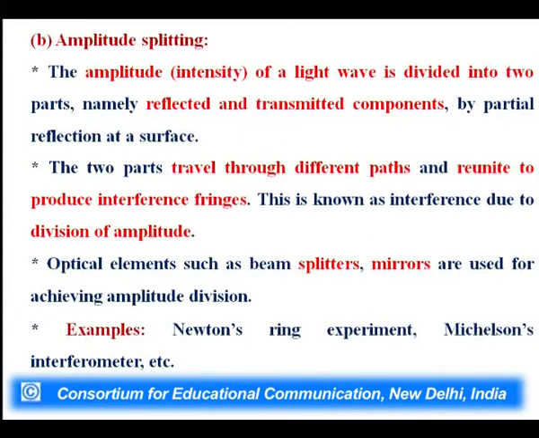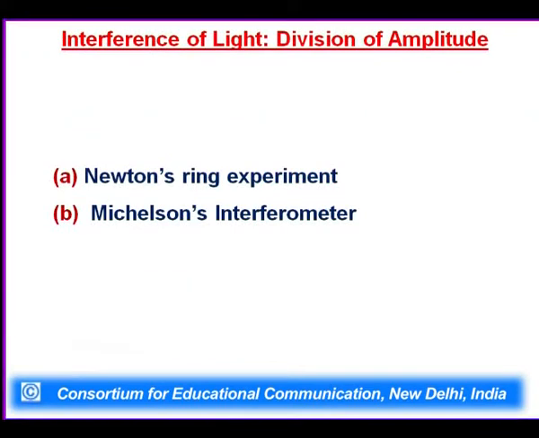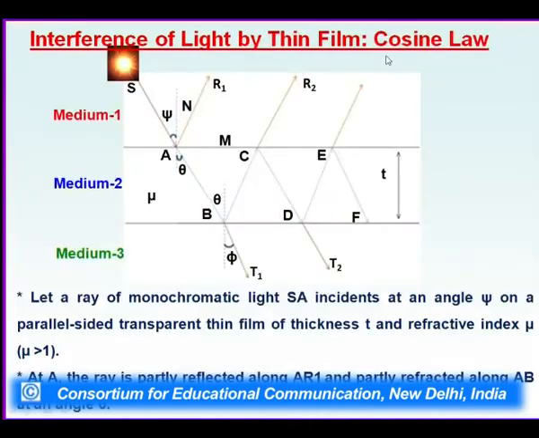Optical elements such as beam splitters and mirrors are used for achieving amplitude division. Moreover, the source should be broader in this case as compared to wavefront splitting. Examples of this type of splitting are Newton's ring experiment and the Michelson interferometer, which come under division of amplitude.